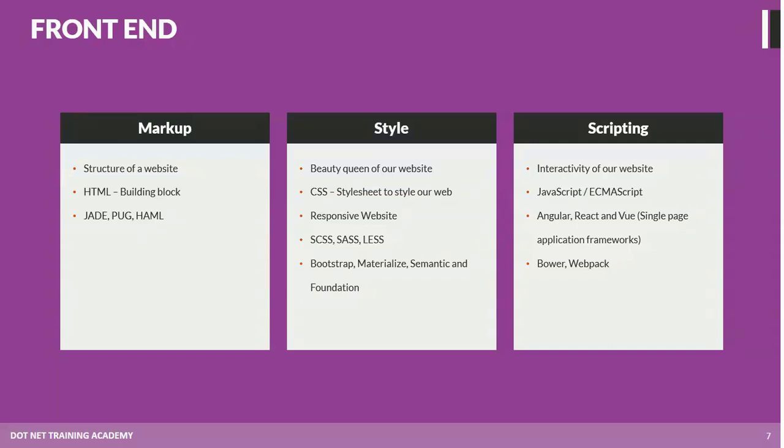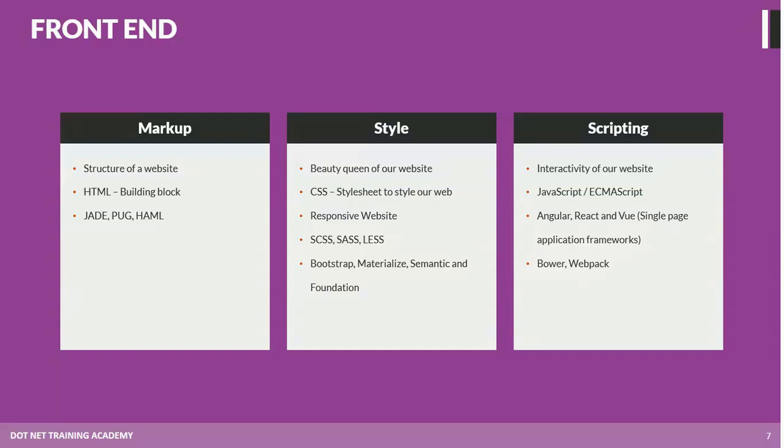Jade is my favorite thing. And when it comes to style frameworks, there are 4 popular frameworks, which are Bootstrap, Materialize, Semantic, and Foundation. Bootstrap is really a popular framework. I always pick Bootstrap.